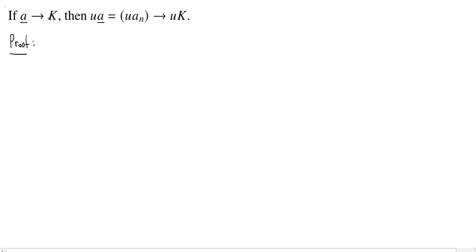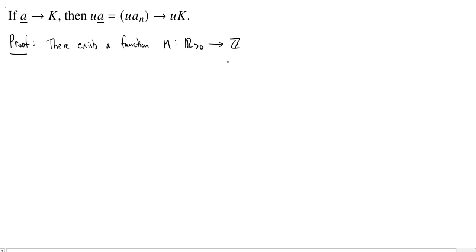So since A is converging to k, we know that there exists an eventually function, right? So a function m from our domain of closeness, which measures how close we need to get, to the integers.